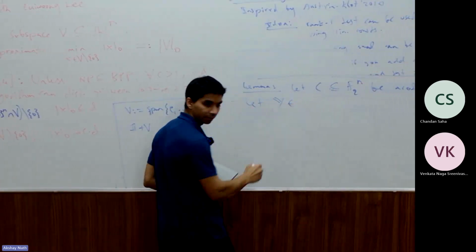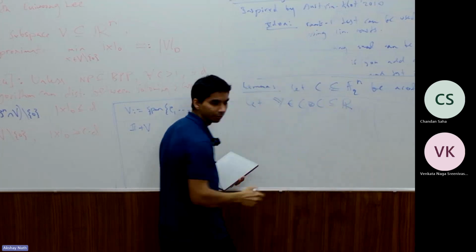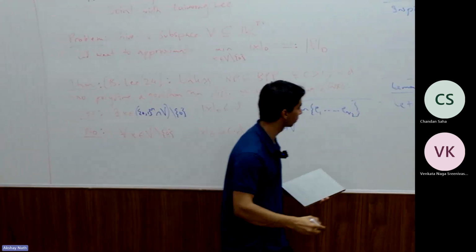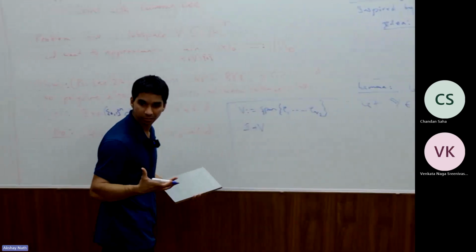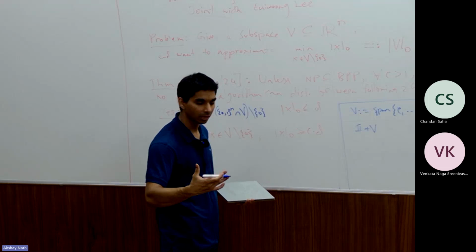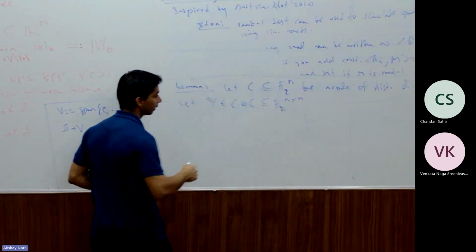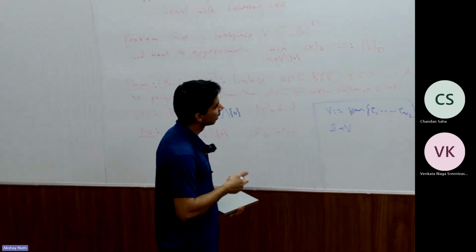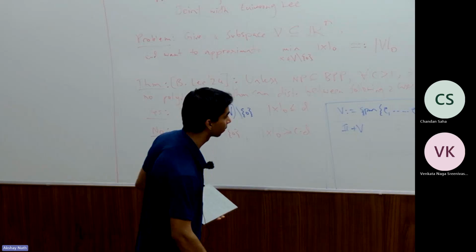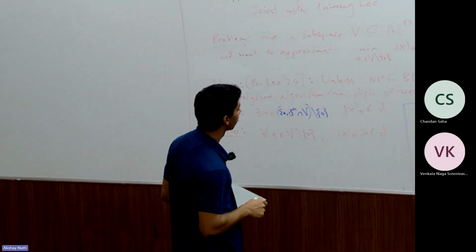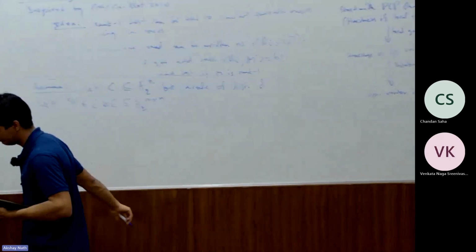Consider any matrix that belongs in C tensor C. If you've never seen this tensor product of two vector spaces, it takes a subspace of a vector space F_q to the n, and gives a set of n cross n matrices, defined as follows.